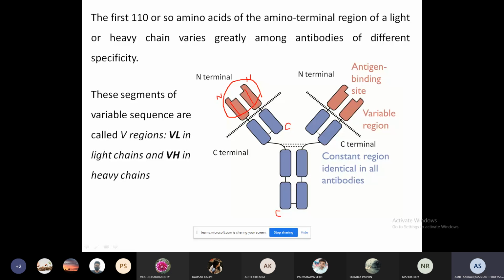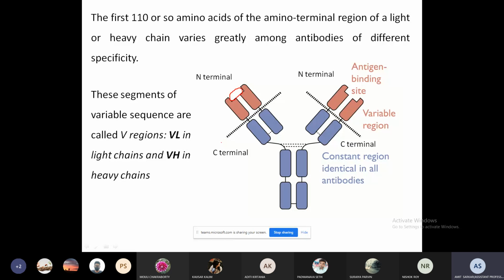Other regions remain more or less constant or fixed, only this varies. This region forms the actual antigen binding site where our antigen, maybe a bacteria, will bind. So the first 110 or so amino acids of the amino terminal region of a light chain or heavy chain vary greatly among antibodies of different specificity.